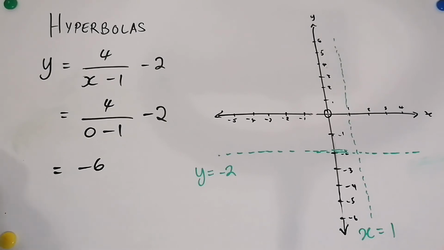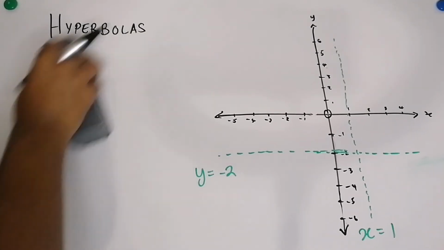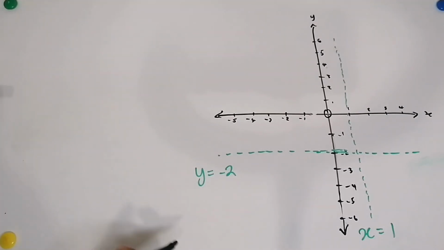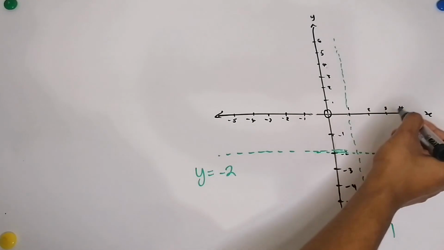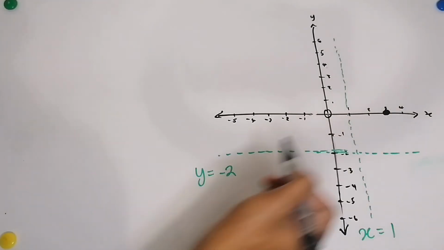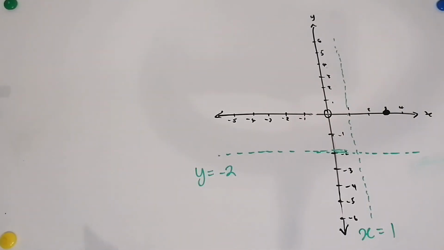Let's plot all of this. The x-intercept is 3. The y-intercept is -6. Now, can we draw a nice smooth hyperbolic curve through the points?